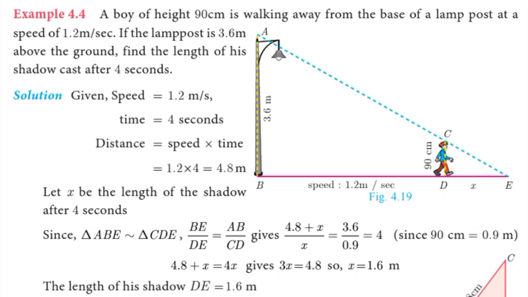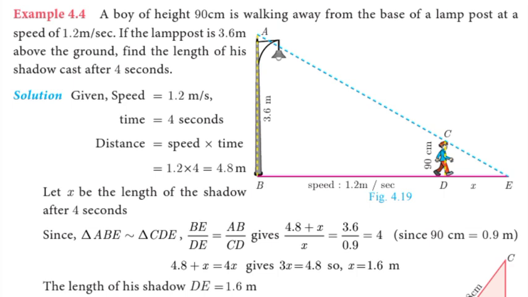Let x be the length of the shadow after 4 seconds. We find the length of shadow, that is DE. DE equal to x. Since we have two triangles, ABE and CDE, ABE is the biggest triangle, smallest triangle CDE.